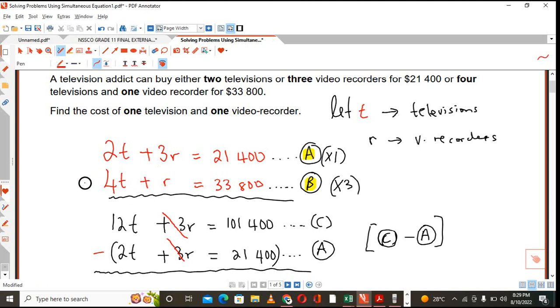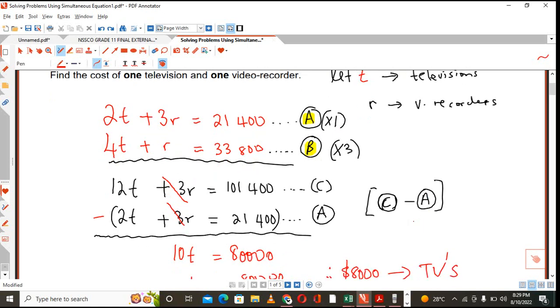In order for me to find R, I'm going to substitute into equation B. Equation B is nothing but 4T plus R.